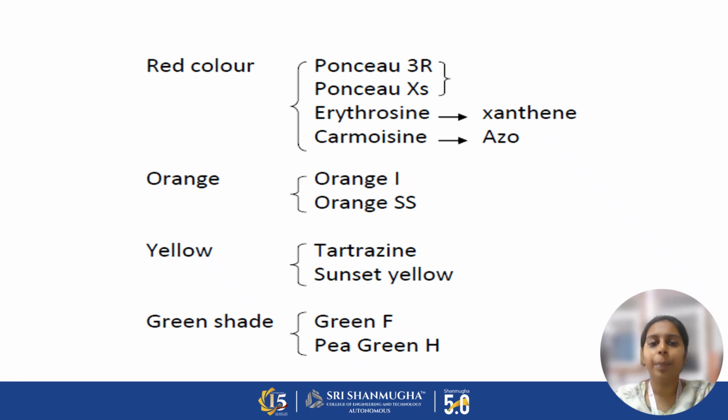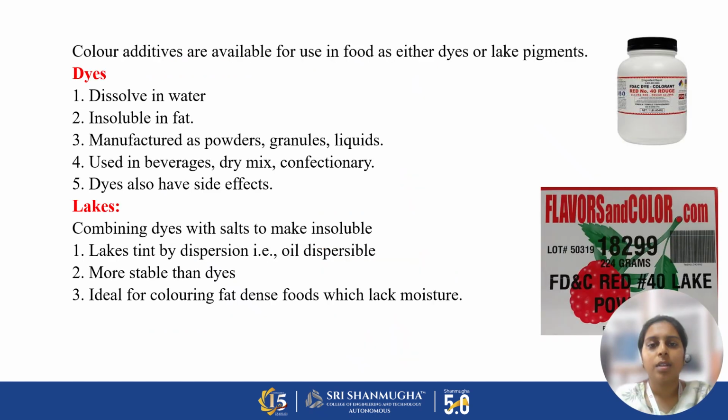These are the compounds rich in red color. These are the compounds which give orange color. Tartrazine and sunset yellow give yellow color. Green HP, green H, is found in peas and gives a green shade.